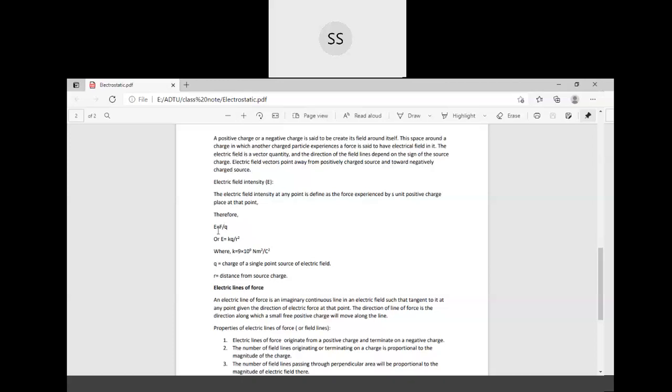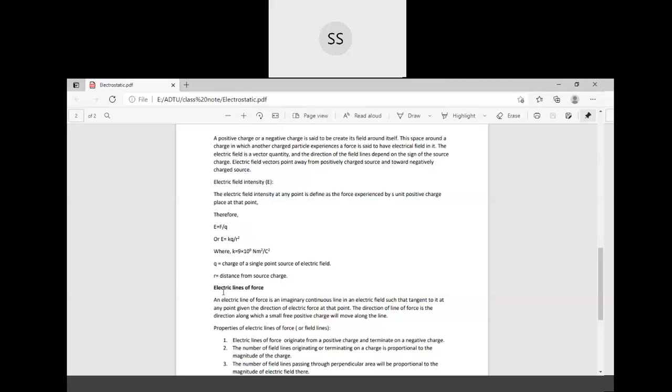So since electric field intensity is the force experienced by the unit positive charge at a point, therefore E equals F divided by q. Okay, next is E equals kQ by r square. This should be capital Q, not small q. Please make this correction in your copies.